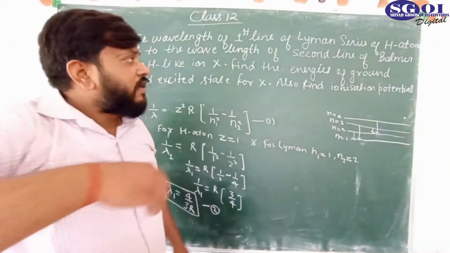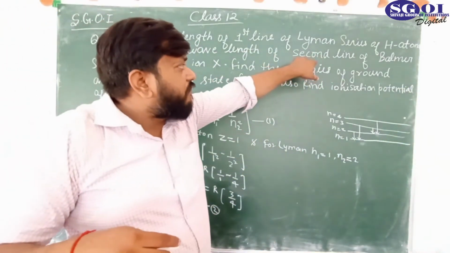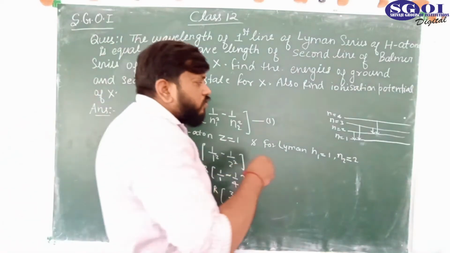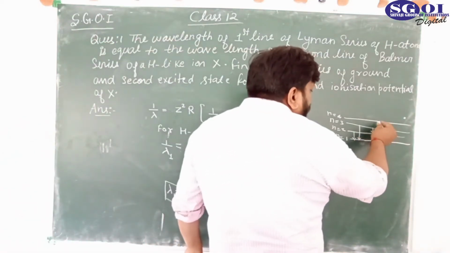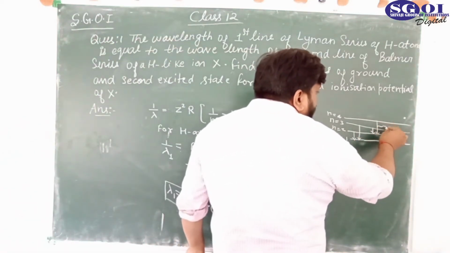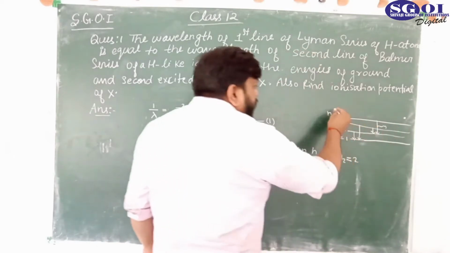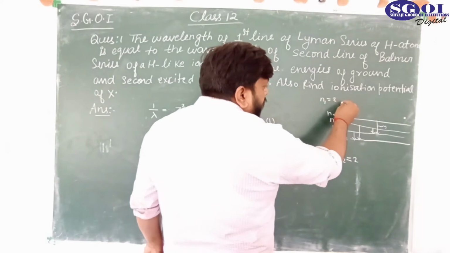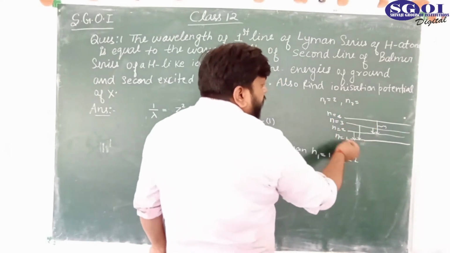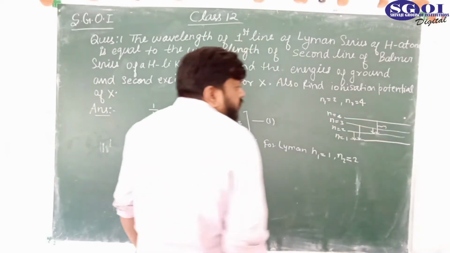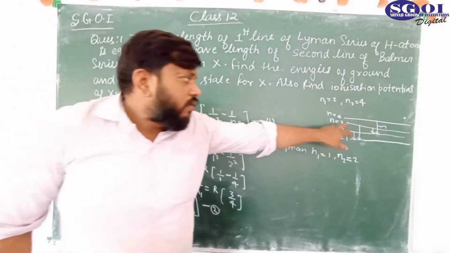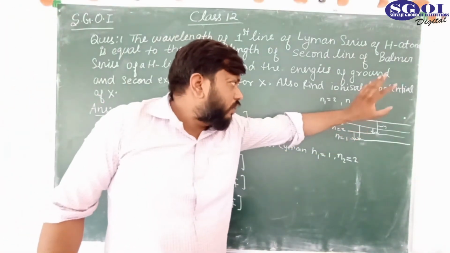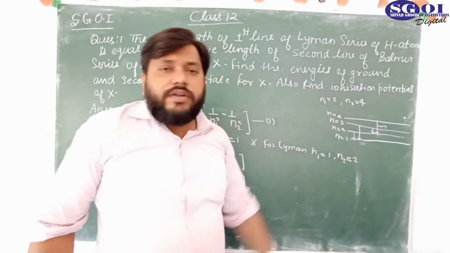Here we have the second line of the Balmer, which is 4 to 2. So we put n1 equal to 2 and n2 equal to 4.